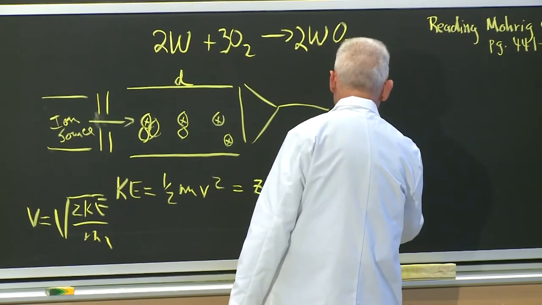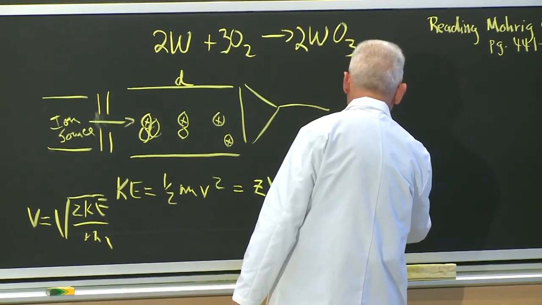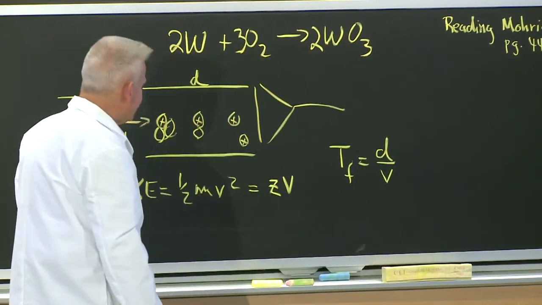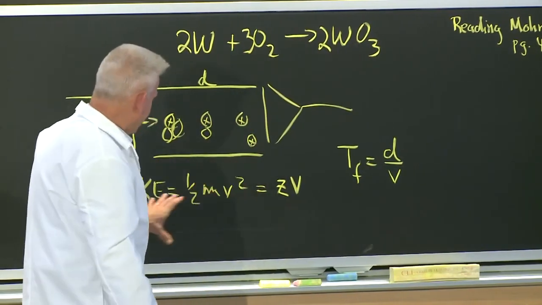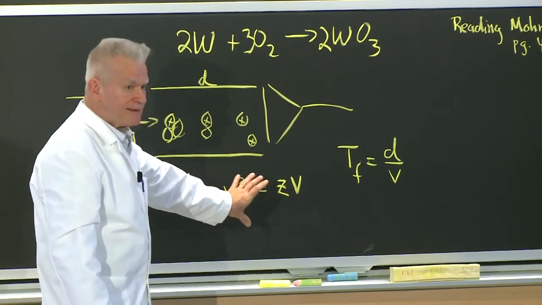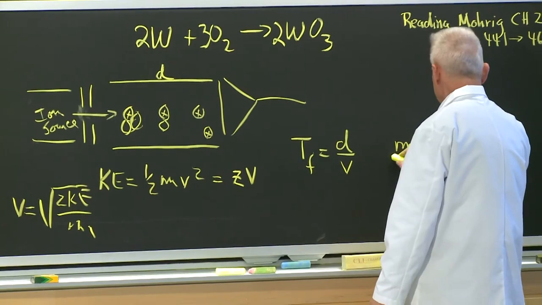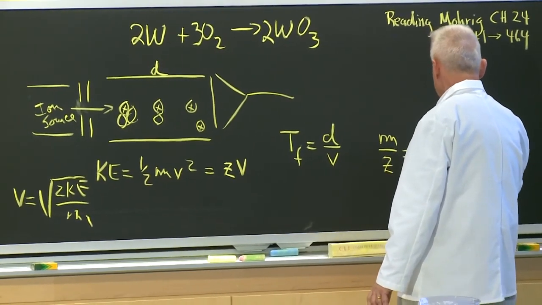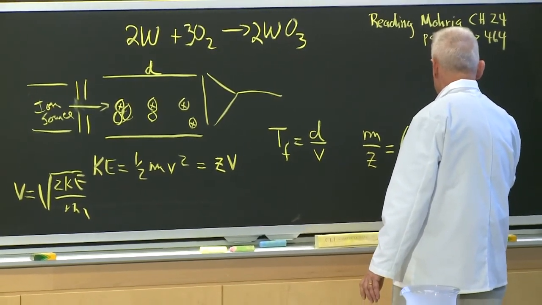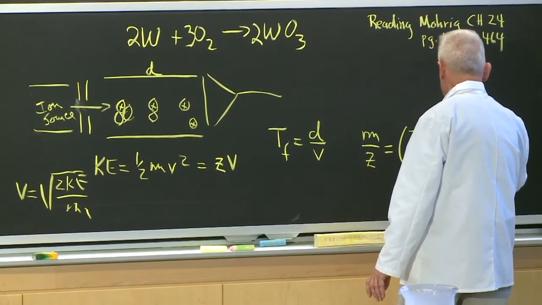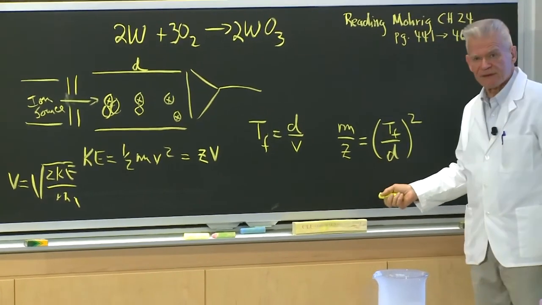So the time of flight is the distance divided by the velocity. Now, if you put that back into this equation and you solve it out, you'll see that the mass to charge ratio is equal to the square of the time of flight divided by the distance.